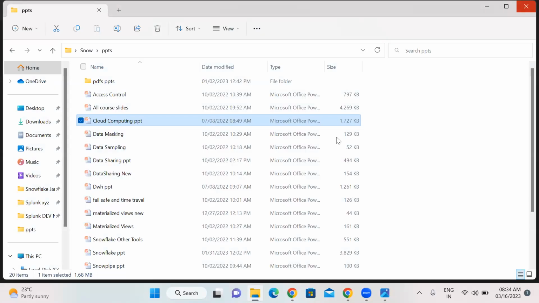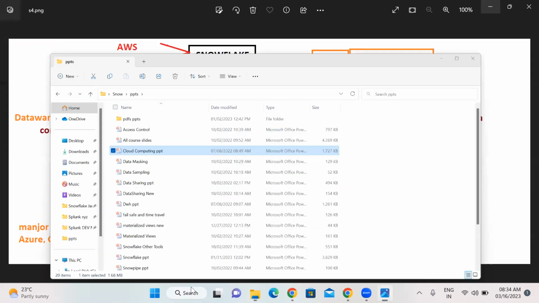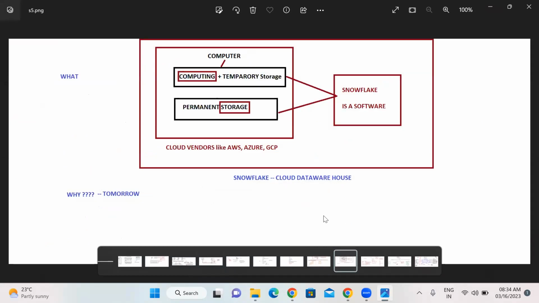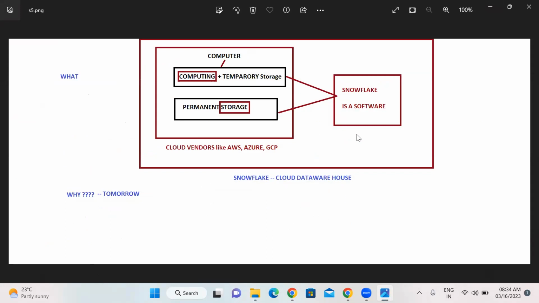Now, for a little while, I'll have some brief discussion to understand this. Basically, this is my Snowflake software. Snowflake software is for the purpose of storing huge data. But Snowflake software won't have its own storage, so it takes third-party storage help from cloud vendors like Amazon AWS and GCP.